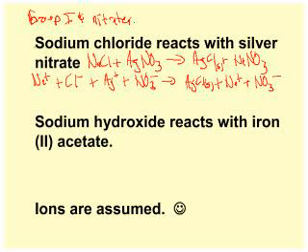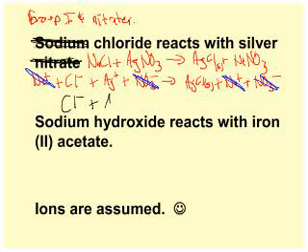Sodium is always going to be soluble, and notice how they cancel out. Nitrate is always soluble, so it always cancels out. I would laugh at sodium and nitrate, because they are always soluble, so I don't believe in them. So I would simply say Cl negative plus Ag positive yields AgCl.